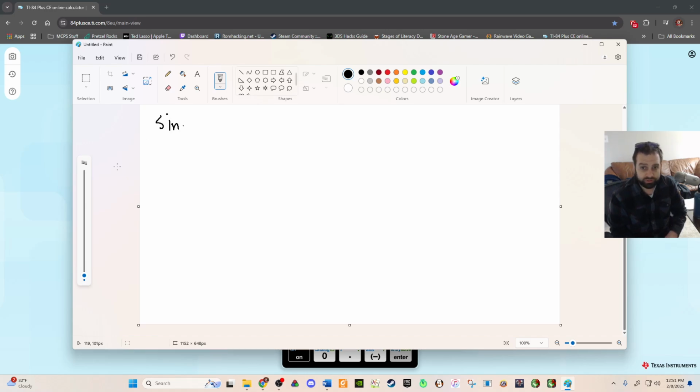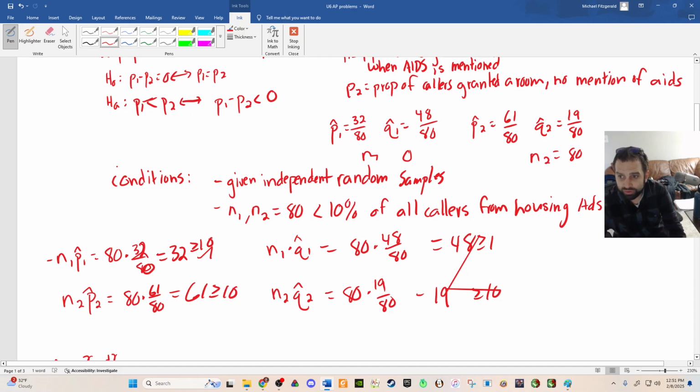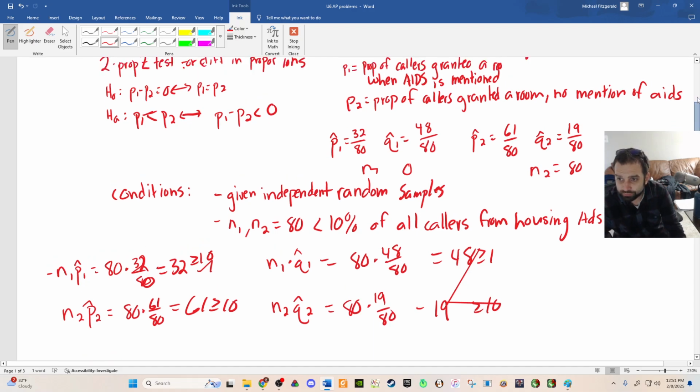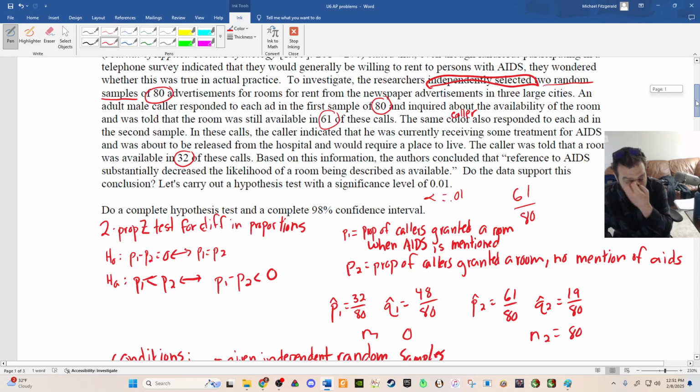What did I say? Since the p-value is less than alpha, we reject H0. So let's talk about what the problem is saying. It means we have strong evidence that if AIDS is mentioned, the proportion of callers that are granted a room is much less than when AIDS is not mentioned.